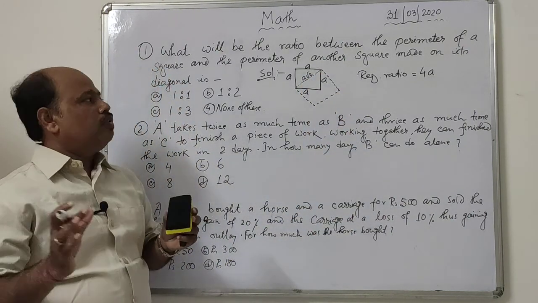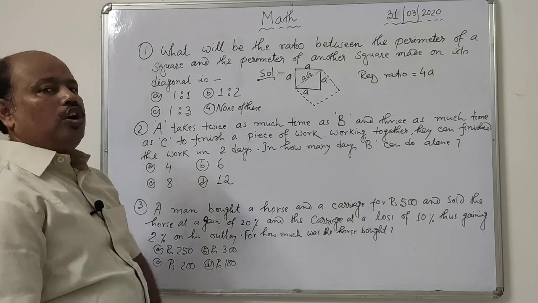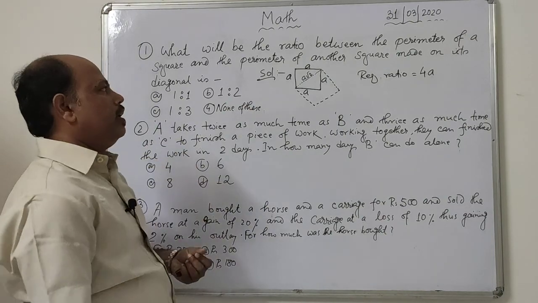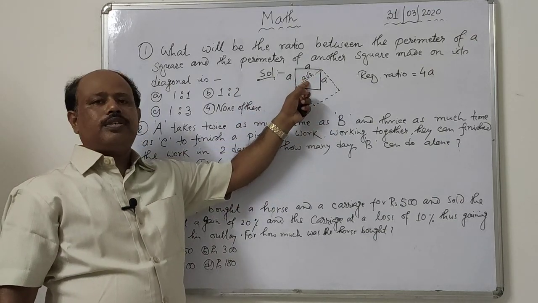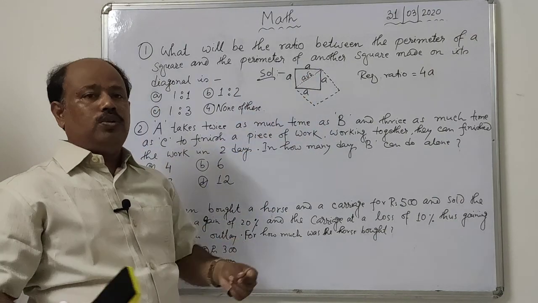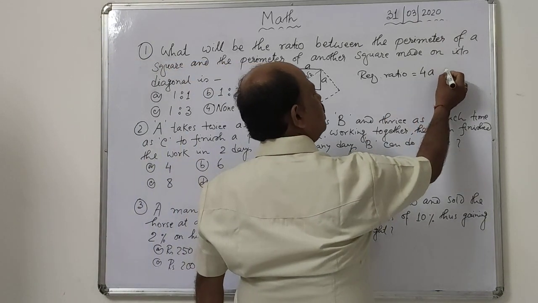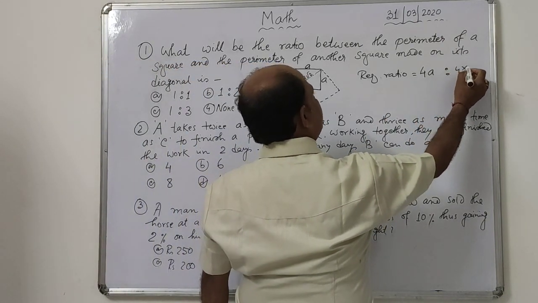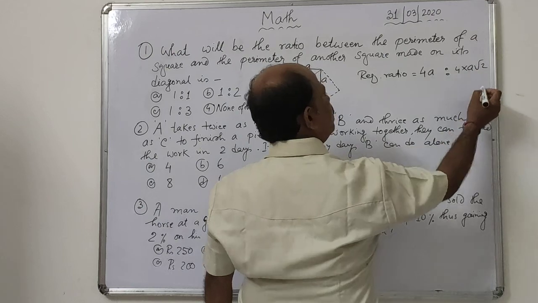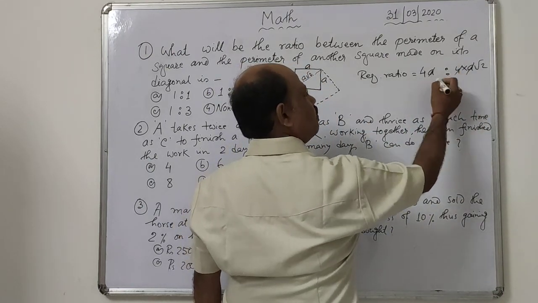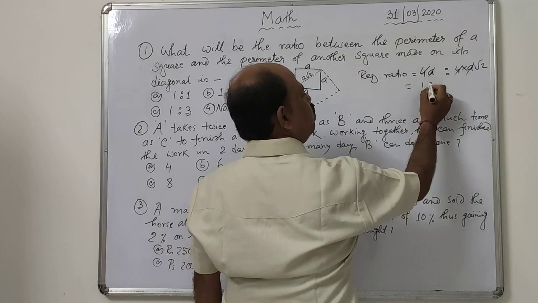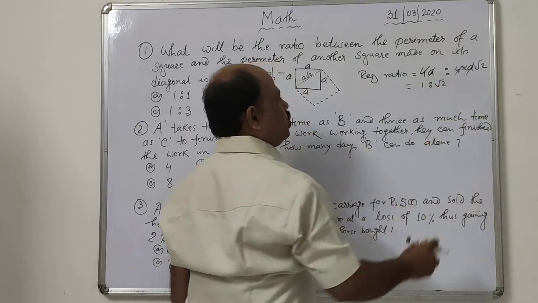The formula you know very well, L2 or √2 into A. Therefore, the new square, which side is 4 into L2, that is 4 into that side, A√2. What is the ratio? A cancel, 4 cancel, that is 1 is to √2.